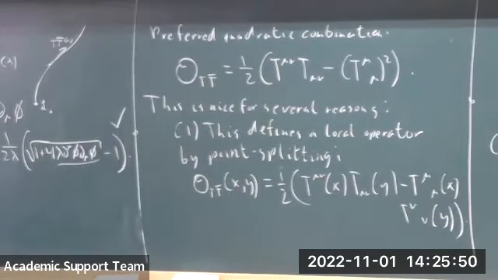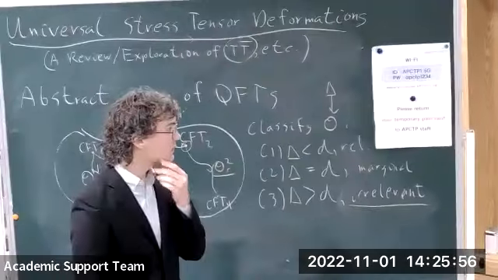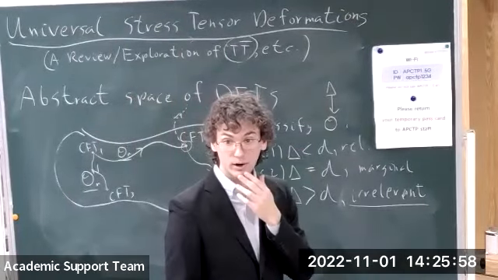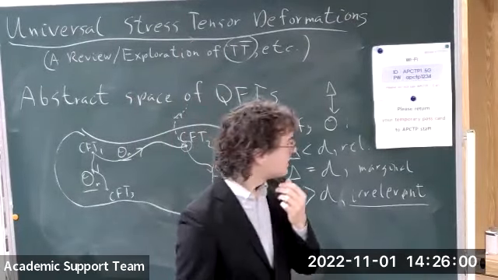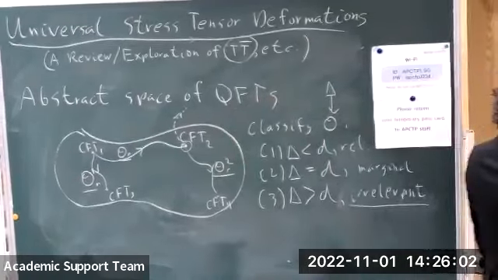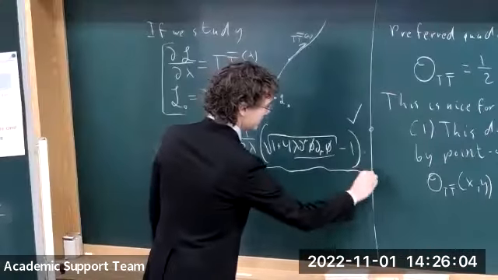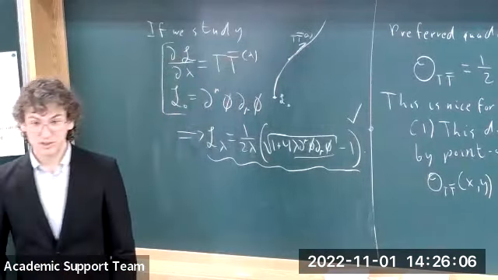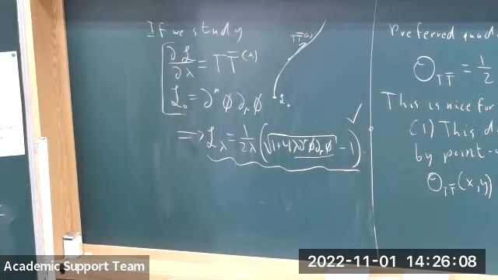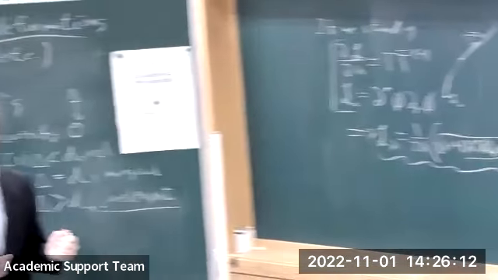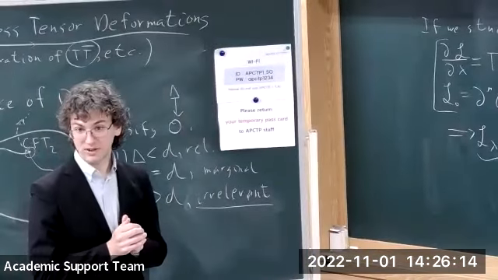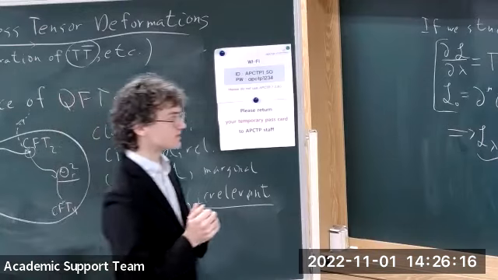But let's allow ourselves to be a little more speculative and ask, what guiding principle might I use if I want to look for some nice analog of TT bar in higher dimensions? This was a very nice property, that the deformation of a free scalar gives me an action that looks like string theory. Can I construct some analogous operator for a higher dimensional theory, which also gives me a stringy type action? Maybe that's a nice thing to do as a first step.